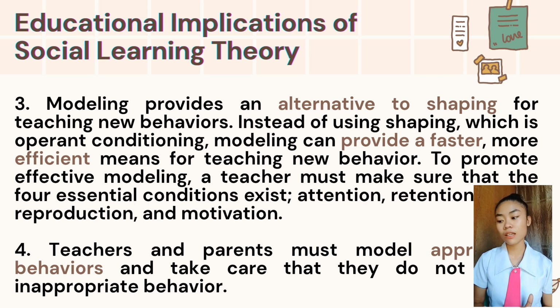So next is the motivation. Students must want to copy the behavior. Remember, they must want to follow that behavior through being motivated. For example, when students see their classmates being rewarded for doing good behavior, the child is motivated to also do that good behavior because their classmate is appreciated or rewarded.